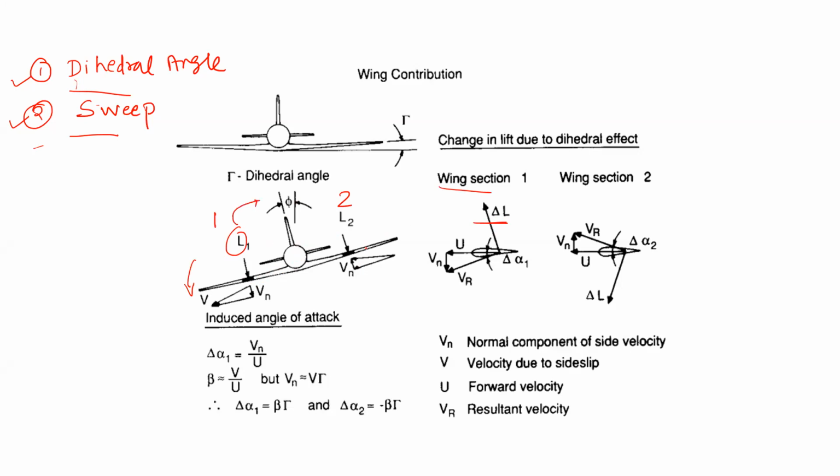That happens with a stable aircraft, and this extra lift is generated because of the dihedral angle. The question is, how does dihedral angle impact this extra lift generation during roll?